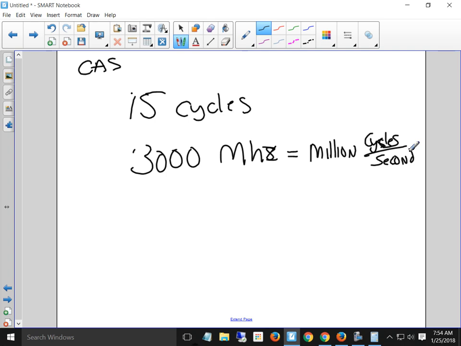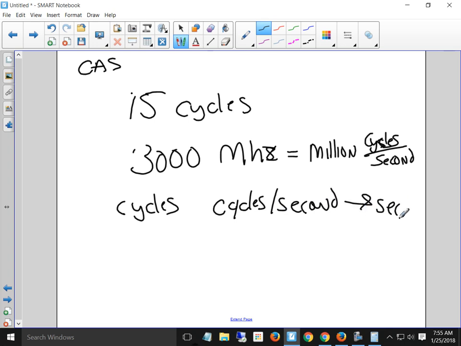So in order to get cycles and cycles per second into seconds, it would take division. Okay? So if we wanted to cancel out cycles in our final answer, if we divided cycles by cycles per second, we would end up with seconds.